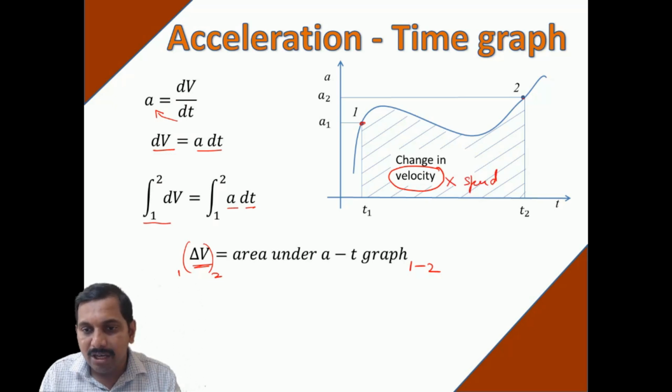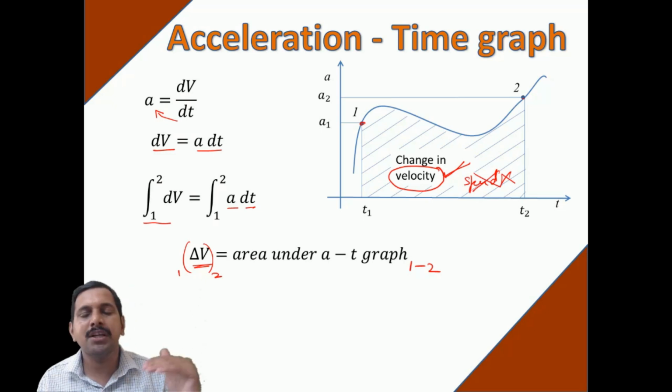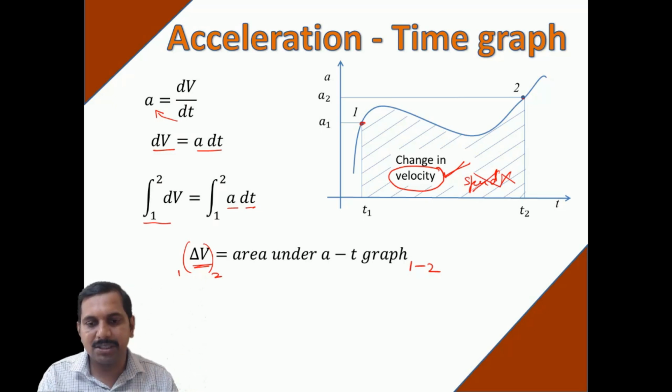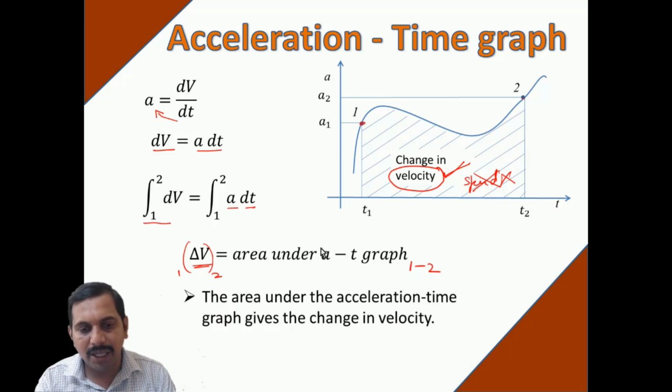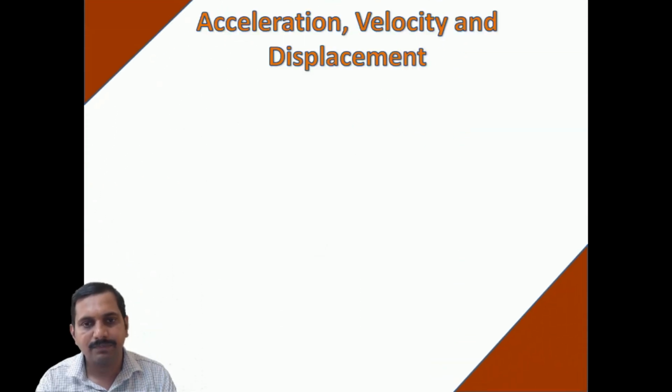Okay, that is very important to understand. Velocity is correct, speed is wrong. This is a change in velocity, not change in speed. Very important, this is asked in a number of competitive exams. So the area under the acceleration time graph gives the change in velocity.